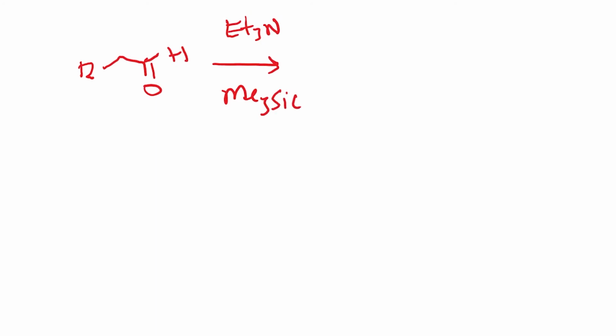Okay, so if you start with an aldehyde such as this and react it with triethylamine and Me3SiCl, the product that you get is the silyl enol ether. I am always going to present the other side also, just drawing this out in this method.